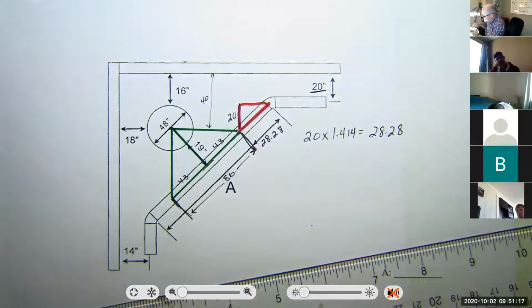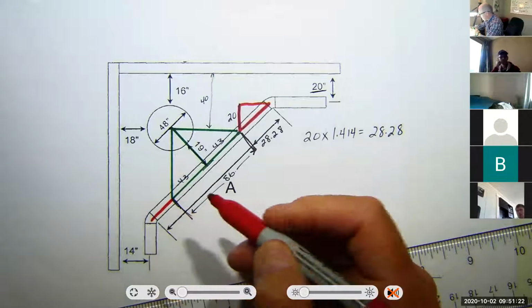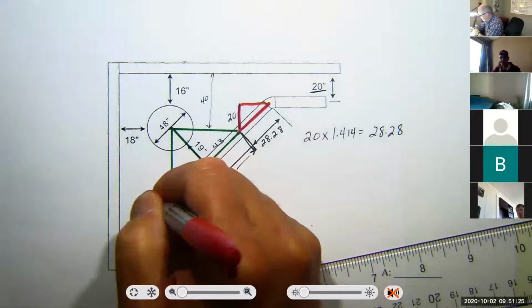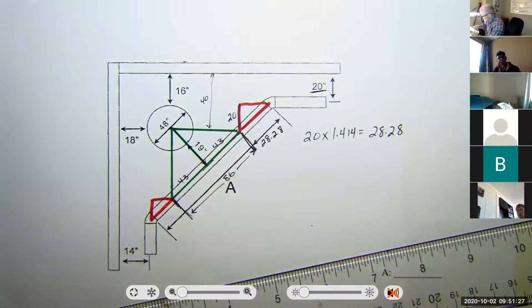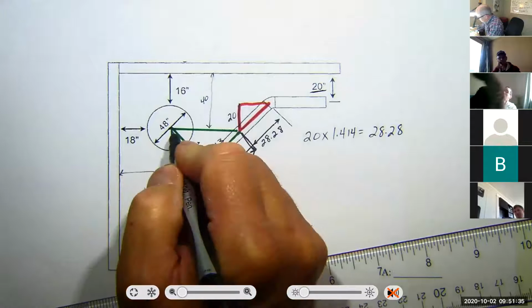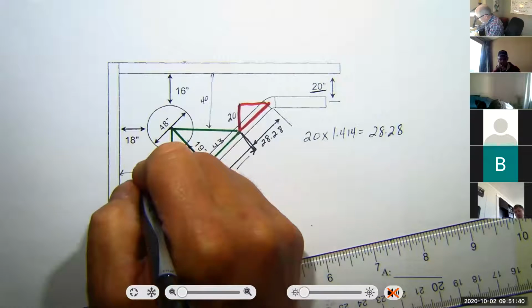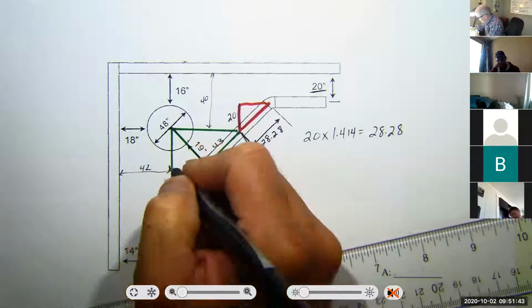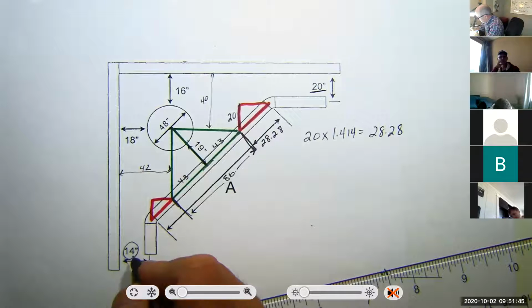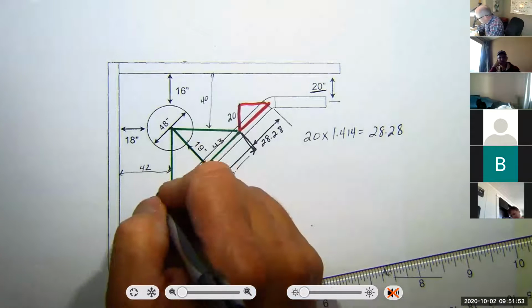And now I want to solve for this other piece. Here is the travel. This is my right angle triangle. Now, this measurement from the green line to the wall is 24 plus 18. So that's 42. And if I minus off 14, that's down here, this is 28.